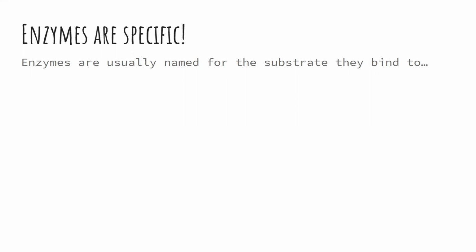Mr. Stotts is married to Miss Stotts. All right. So enzymes are typically named for the substrate they bind to as well. All enzymes end in -ase, A-S-E, or the majority of enzymes. Majority of enzymes end in -ase, A-S-E.